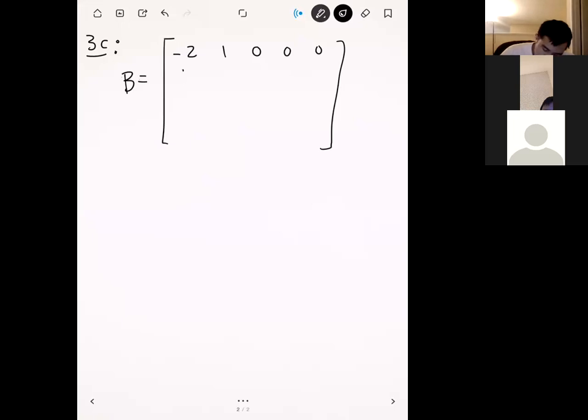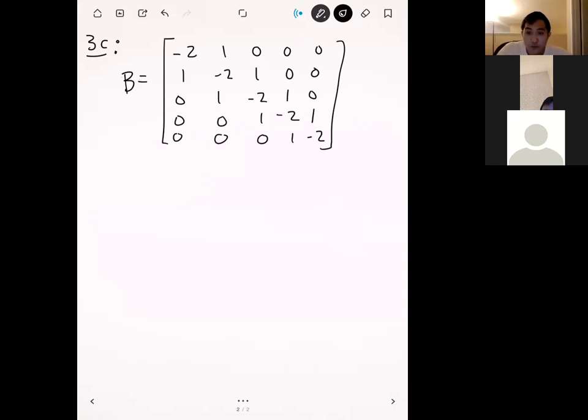Then 1, -2, 1, 0, 0. Then 0, 1, -2, 1, 0. Then 0, 0, 1, -2, 1. And then 0, 0, 0, 1, -2. There's a pattern here: we have -2 on the diagonal and a 1 on the off diagonals.